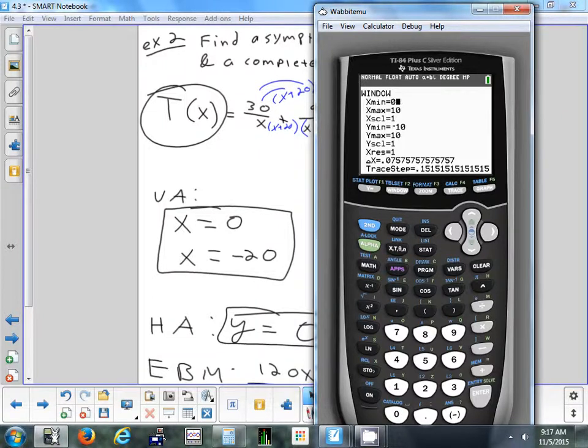That doesn't make sense. Highest speed, let's maybe go up to 60. It doesn't matter. We're just trying to get an idea of the graph. Y is our time. Negative time, does that make sense? No. Maximum time, right now we have 10 hours. Let's just see how that looks.